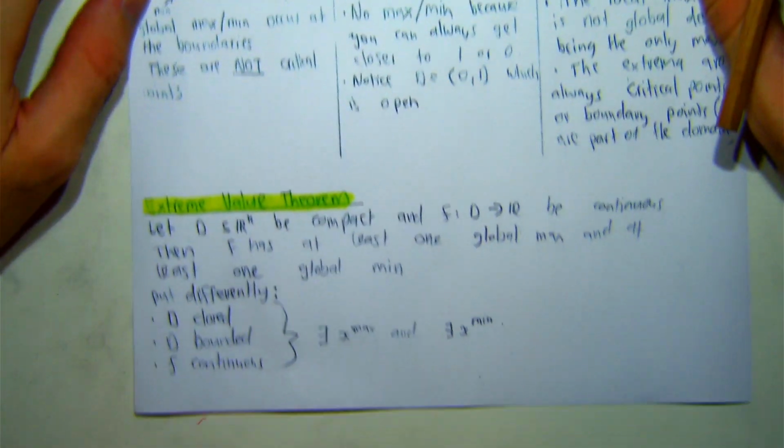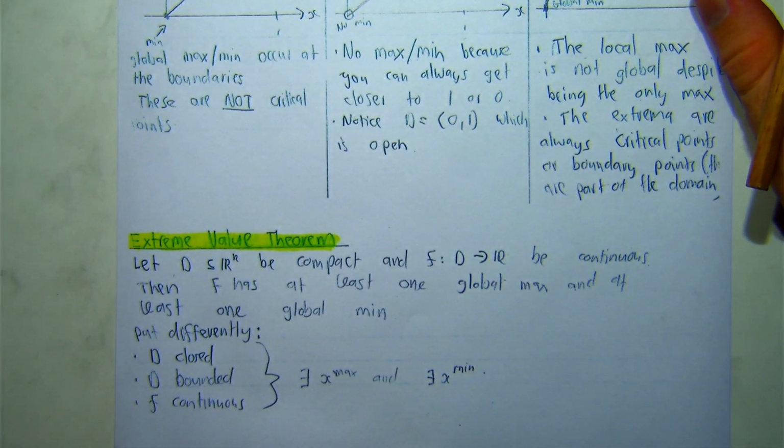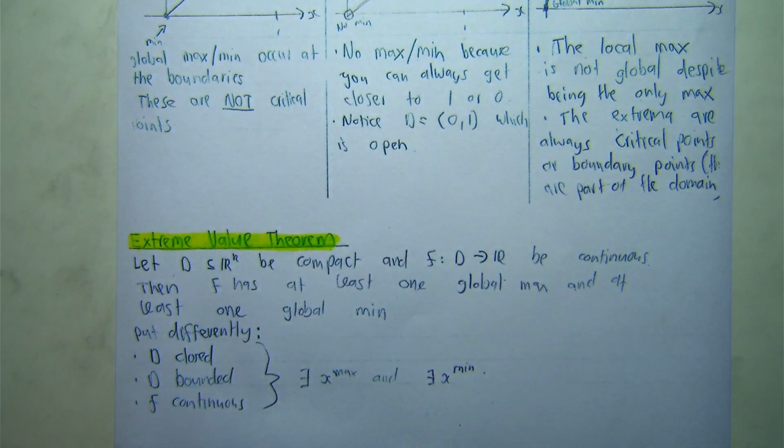Okay, and an important theorem that actually comes out not from this directly, but is definitely related to this, is the extreme value theorem, which is one that we can combine with our boundary analysis to find the solutions to our problems. And the extreme value theorem says this: let D be a compact set that's a subset of Rk, and the function maps things from D to R, and that function is continuous.